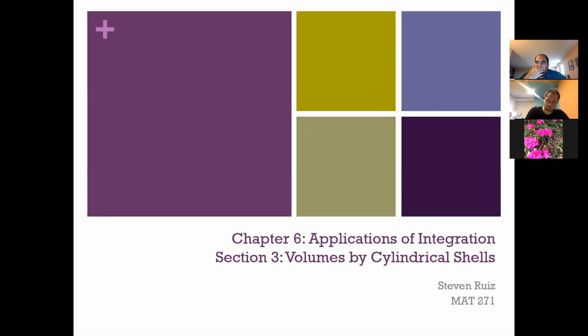And really, I don't even consider those 2 different methods. One is just a generalized version of the other. We're going to talk about a different method today called the shell method. The Stewart book calls it volumes by cylindrical shells.